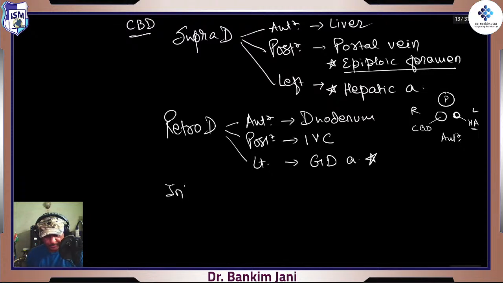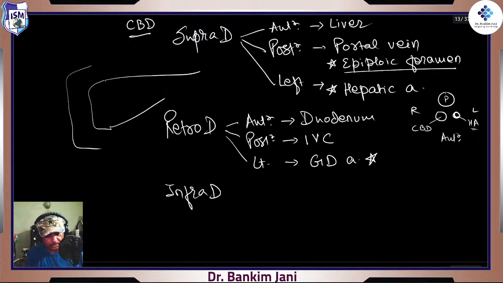Finally, the infraduodenal. Infraduodenal is entirely in the groove in the pancreas, because that's how things are, right? This is all pancreas. So the moment it comes over here, this part which is just right, this is duodenum.